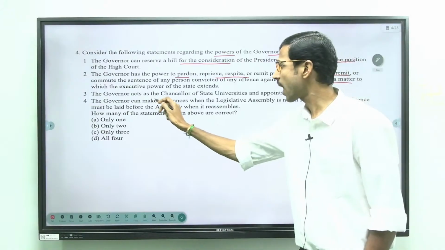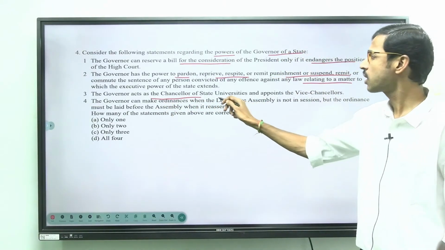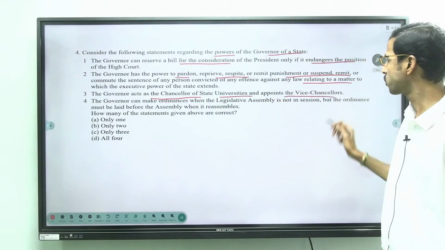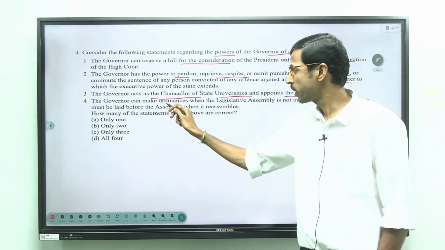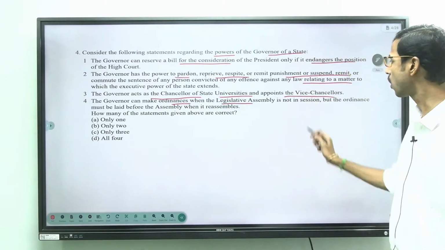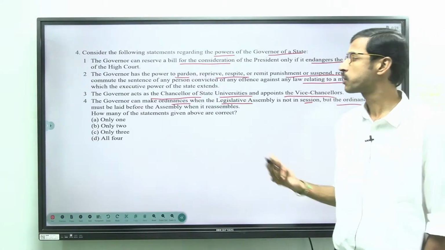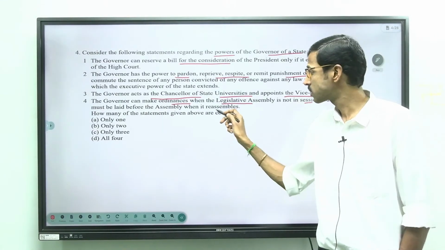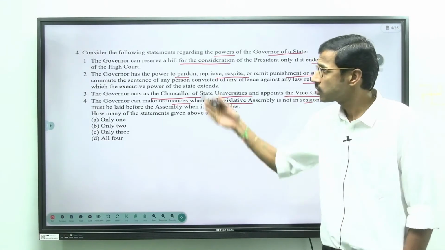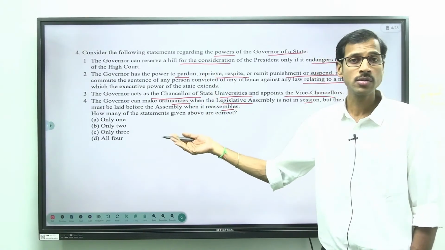And also the governor acts as the chancellor of state universities and appoints vice chancellors. Governor can make an ordinance when the legislative assembly is not in session, but the ordinance must be laid before the assembly when it reassembles, right? So these are the four important statements related to the governor.